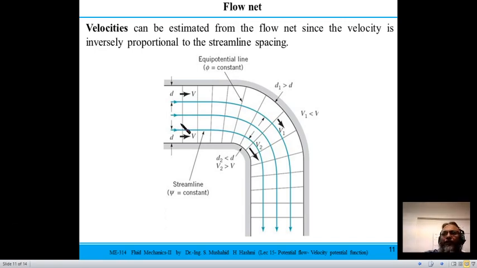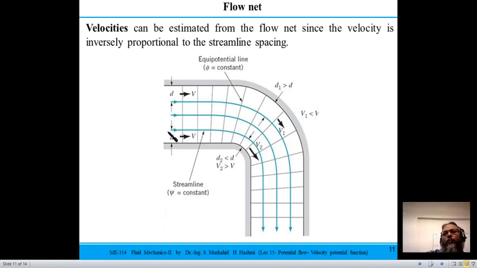Initially the spacing between the two lines is the same, d and d everywhere, so we can say that in such cases the velocity is the same, because the spacing is the same. The velocity is the same over this cross section once it enters the 90-degree bend.